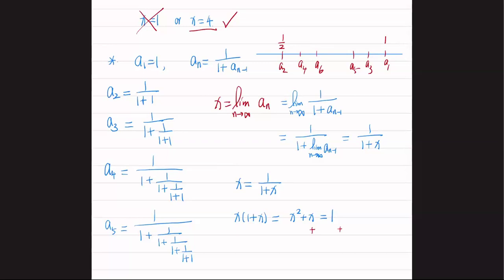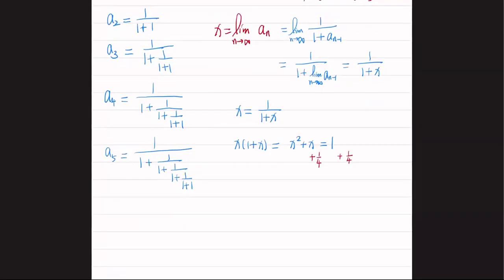One-fourth. Sophia said 1/4. So then this is x plus 1/2 squared. Take a square root. Then we subtract this. We have two choices.